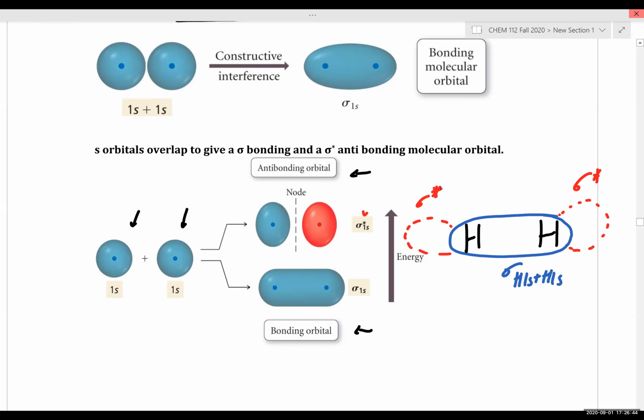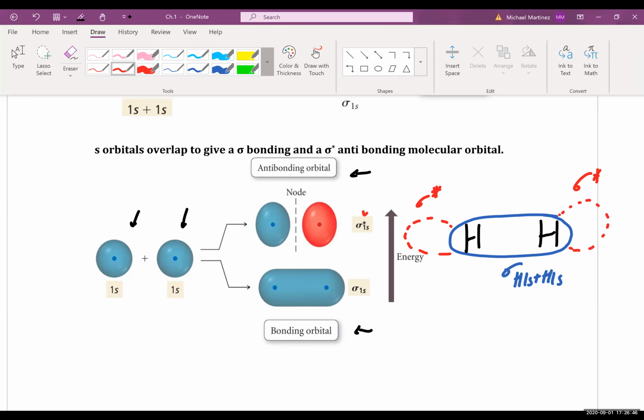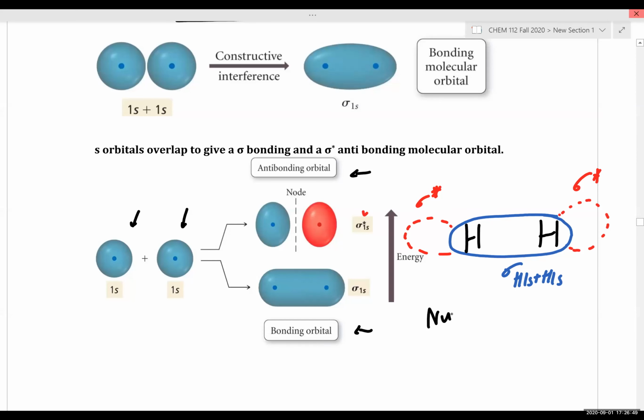Now this is important because many reagents can break sigma bonds or single bonds by attacking this sigma star antibonding orbital.